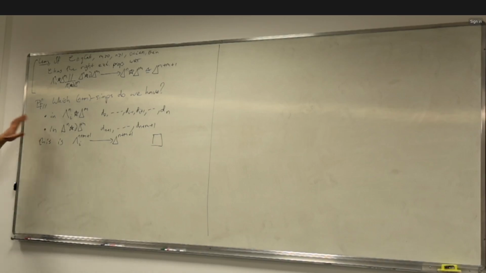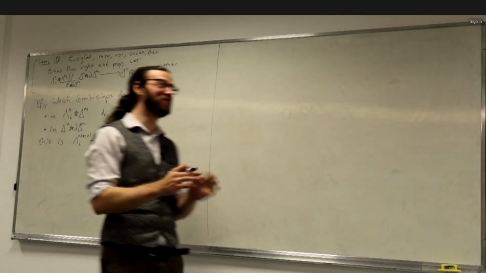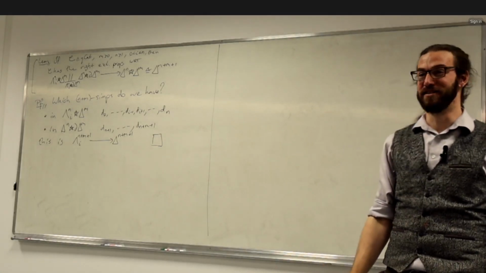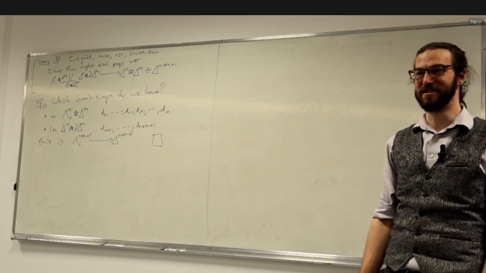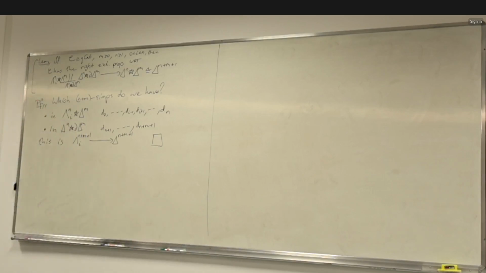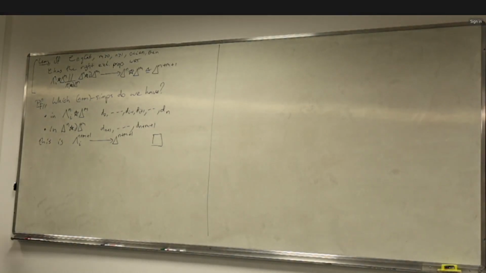So once again, a warning, in most of the cases when you're considering push-out products, things aren't going to be as nice and immediate as in these. Yeah? Would you just define a map on the missing simplices and check? Yeah, so typically what you would do is, let's say you have a smaller simplicial subset.